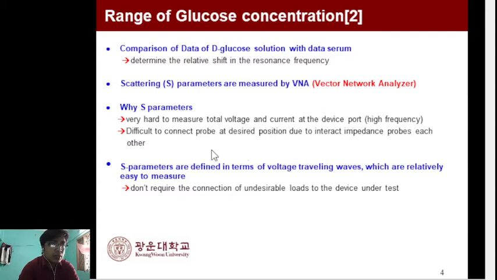That's why it is difficult to measure with physically connected probes. So S parameters help us to mitigate these problems. S parameters are defined in terms of voltage traveling waves, which are relatively easy to measure and don't introduce any undesirable loads to the device under test.